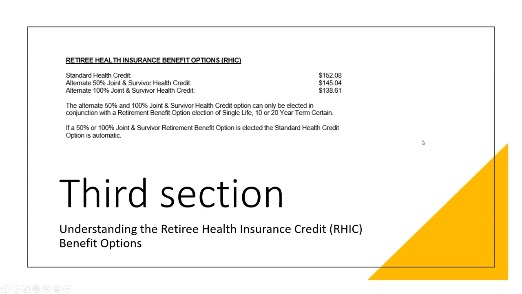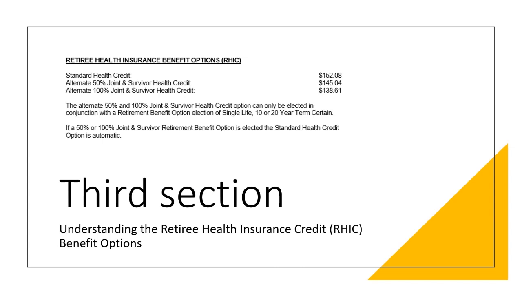So let's say I take the 100% joint and survivor retirement, the standard health credit, I die first, my spouse continues to get the retirement benefit plus the standard health credit. My spouse passes first or we divorce, I get moved back to the single life retirement, I continue to get the standard health credit. The purpose of these alternate 50 and 100% joint and survivor health credits would be, let's say I'm married and I decide I'm going to take a single life benefit, knowing that if I pass first, there's no ongoing benefit for my spouse.